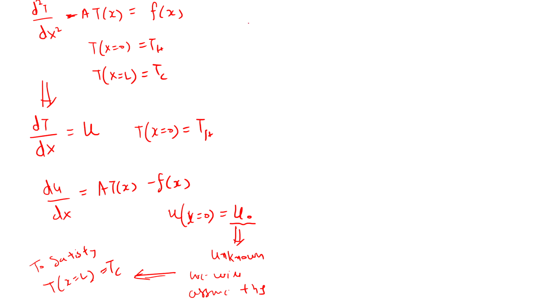So what is the algorithm? The first step is to guess u naught, dT over dx at x equal to 0.